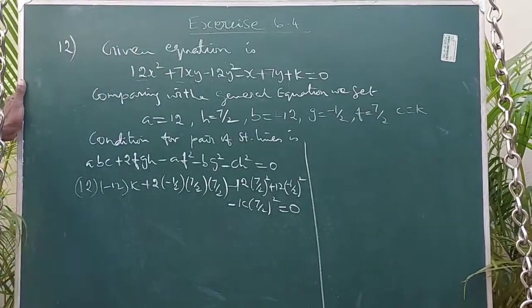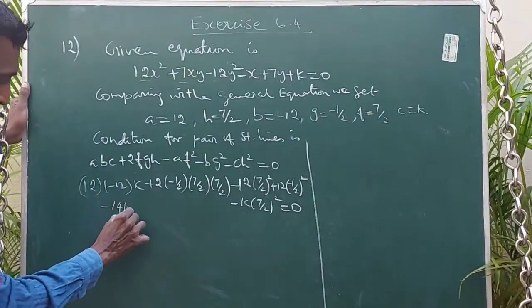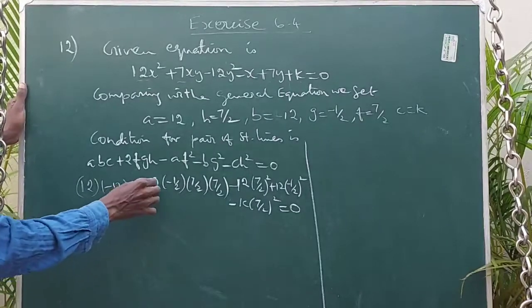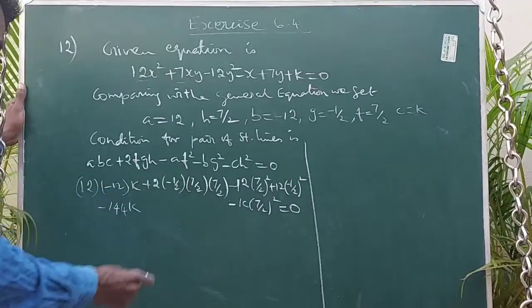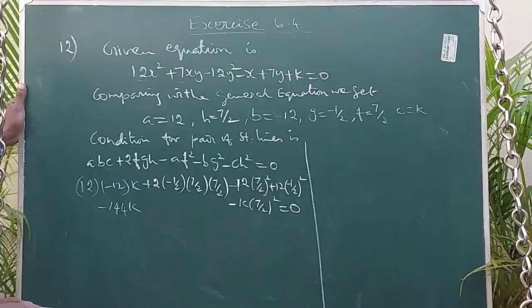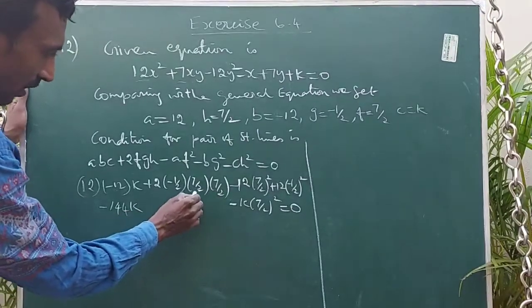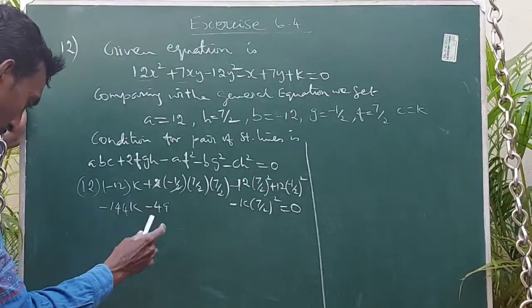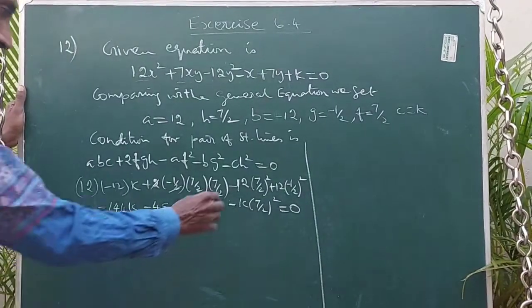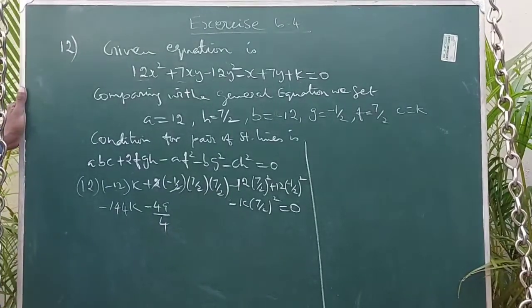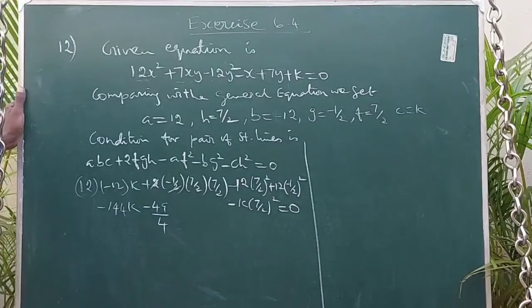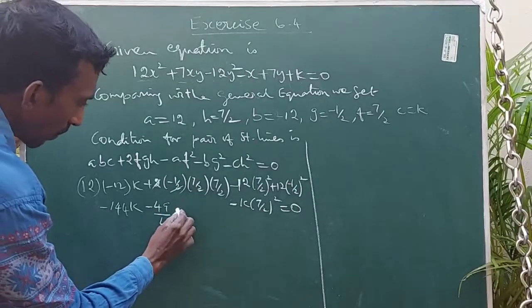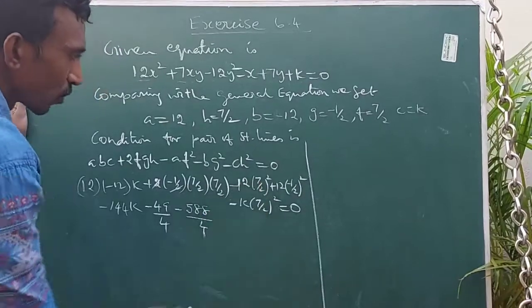Simplifying, what are we getting? 12 into 12, minus 144k. 2fgh is 7 into 2, I think 14, okay, here we can cancel 1, 2, 7 into 7 is 49, so minus 49/4, and minus 12 into 49/4. 12 into 49 we can multiply, my student, so minus 588/4.